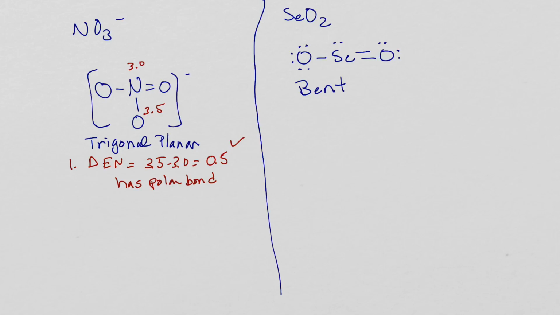Now the second criteria is the shape. So the trigonal planar is a symmetric geometry. We have 120 degree bond angles, and so all the dipoles would cancel out.